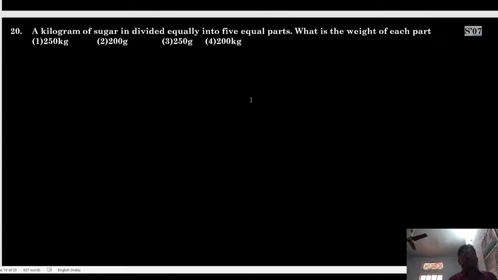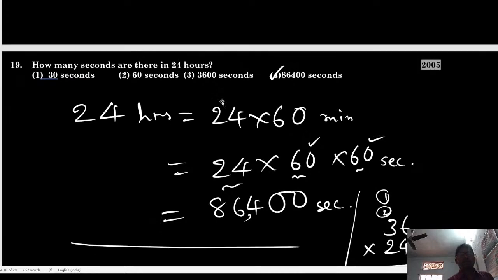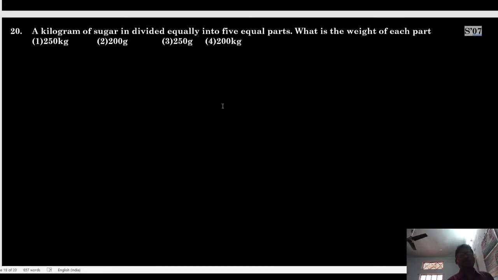Question number 20. A kilogram of sugar is divided equally into 5 equal parts.